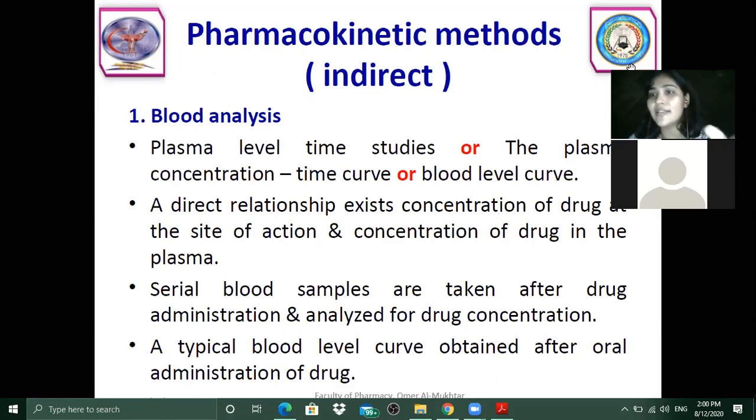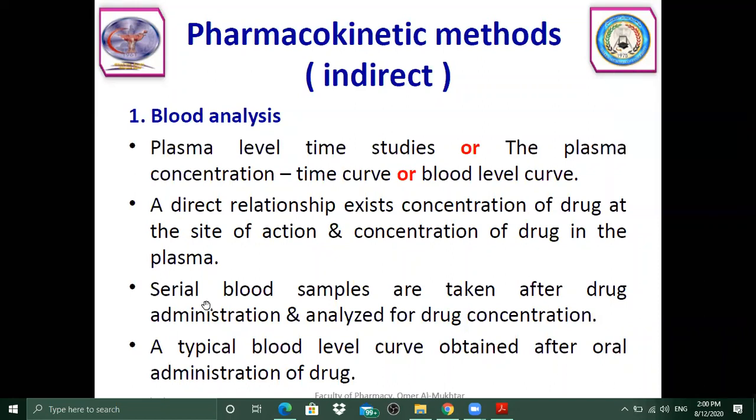So what is my site of action over here? It is the brain: whatever receptors are located in my brain area will be the site of action. So there is a direct relationship. The sooner my drug comes into the systemic circulation, the sooner I will get relieved from the headache, right?